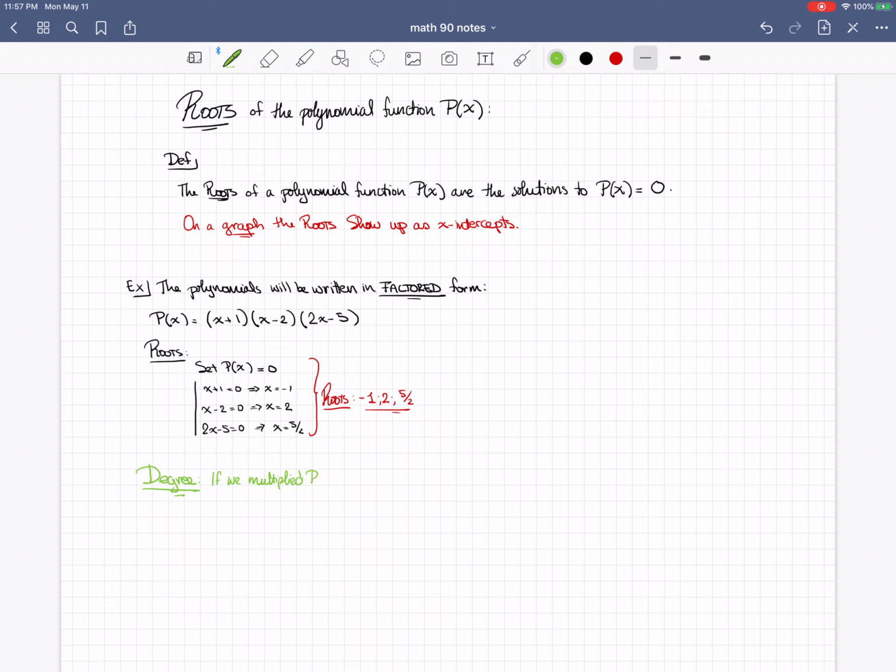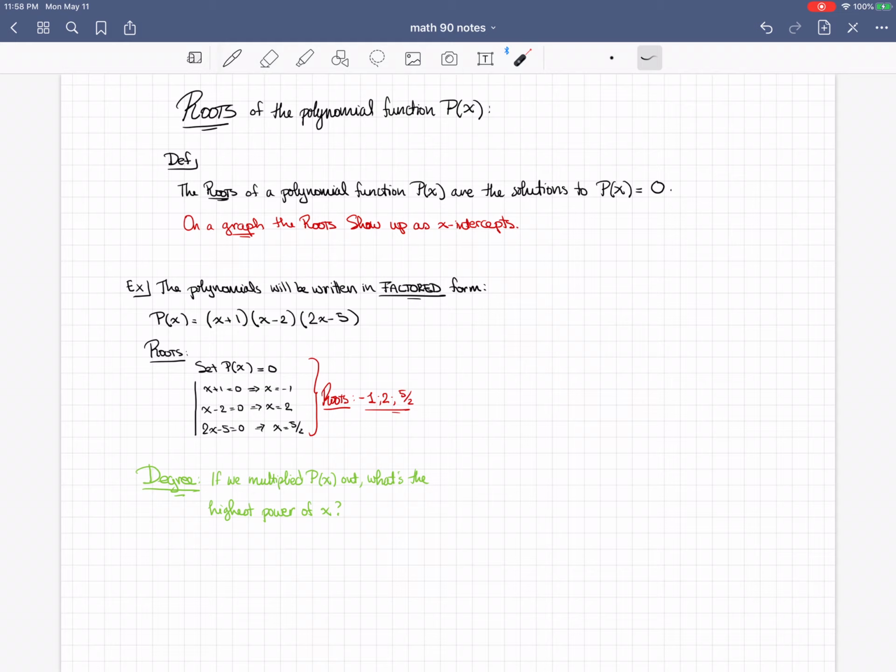If we multiplied p of x out, what's the highest power of x that we will get? Let's think about where that highest power of x is going to come from. Imagine yourself walking through this multiplication.